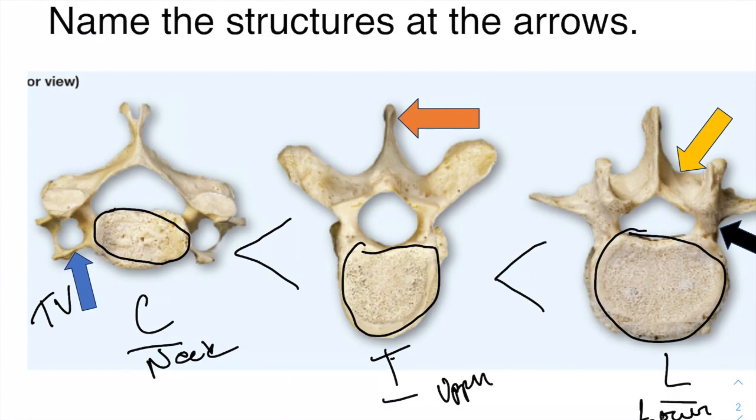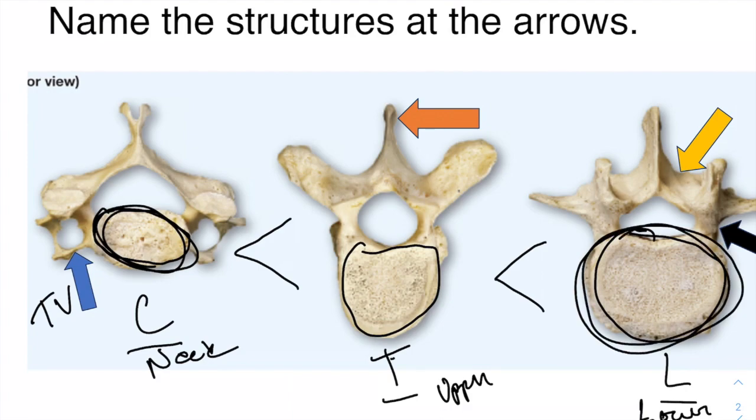Now, why is this a thing? You need to pay attention to this because vertebral bodies are weight-bearing regions. They hold the weight of everything above them. If you have something this tiny, imagine the cervical vertebral body trying to hold up everything above it, it's probably going to get crushed. But if you have something big, massive, with a lot of surface area, and it's really thick, it's going to be able to hold the weight of everything above it.